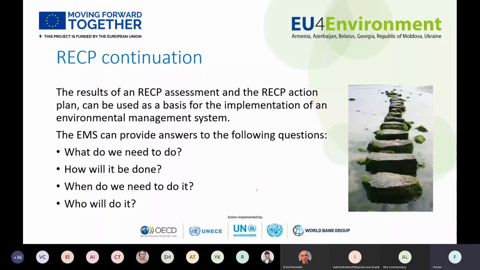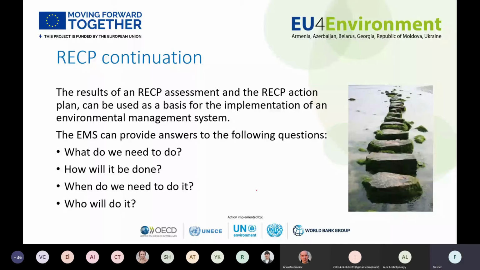And actually, you could say an environmental management system is an extension of an RECP program in the respect that it provides for continuation of RECP.